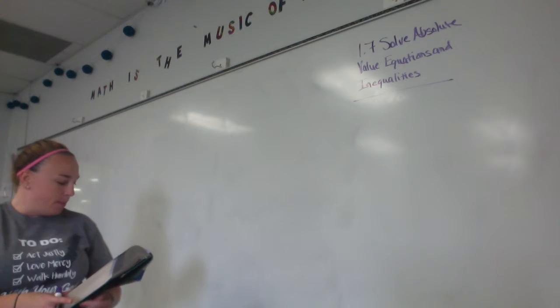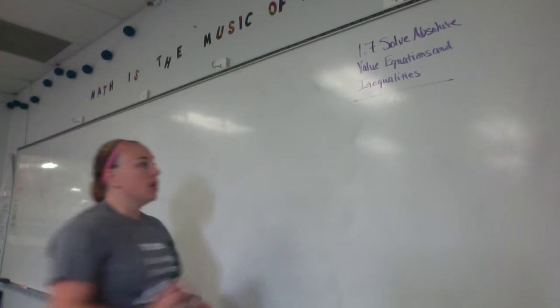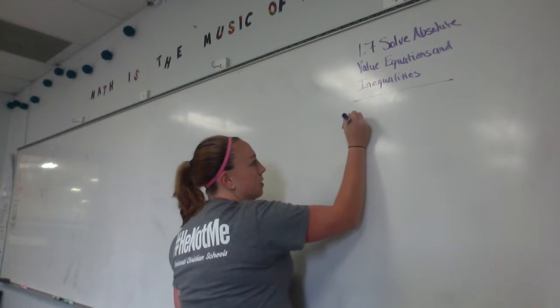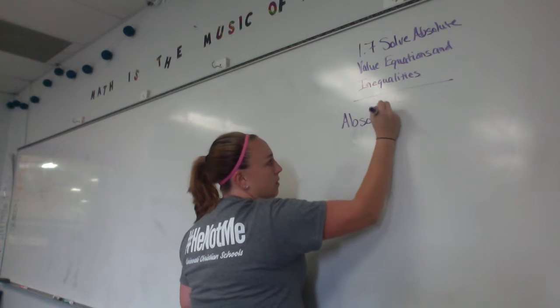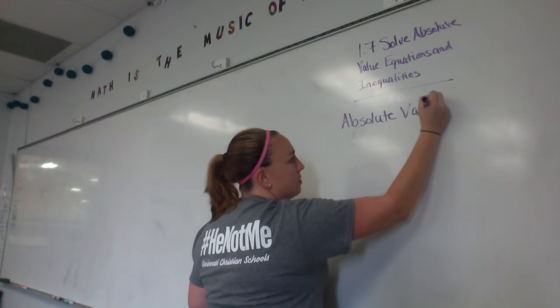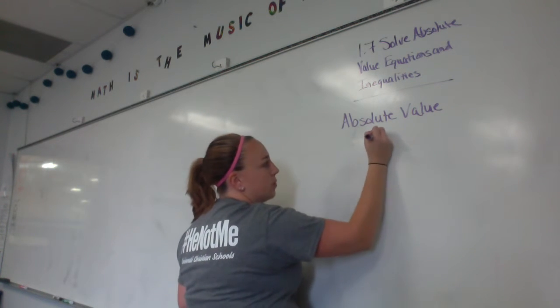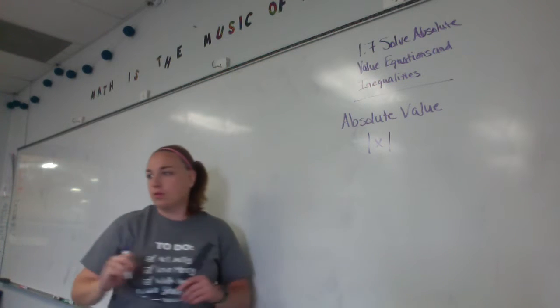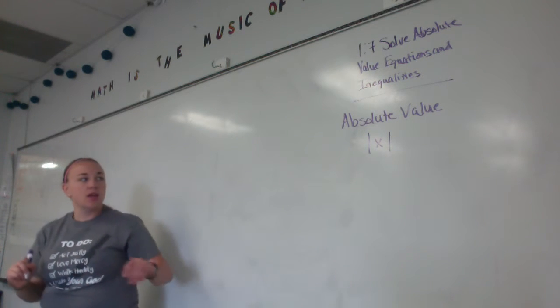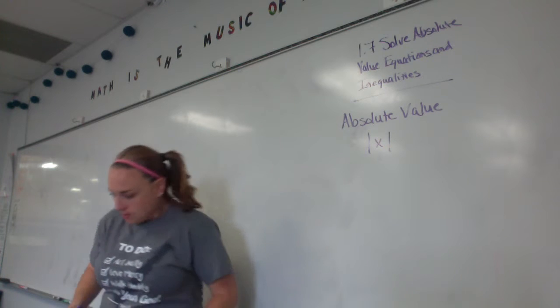Absolute value of a number can be written like this. Have you seen absolute value of a number be written this way? That's your absolute value sign. That tells me I'm taking the absolute value of x.